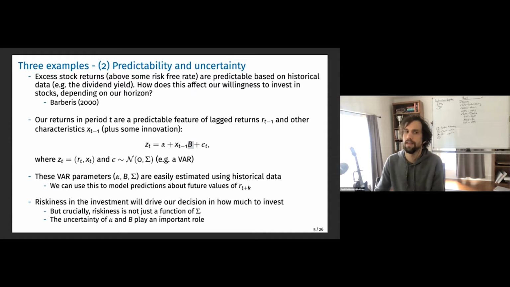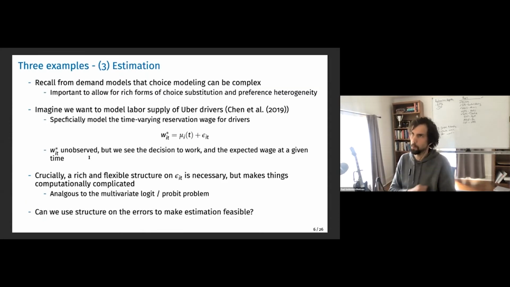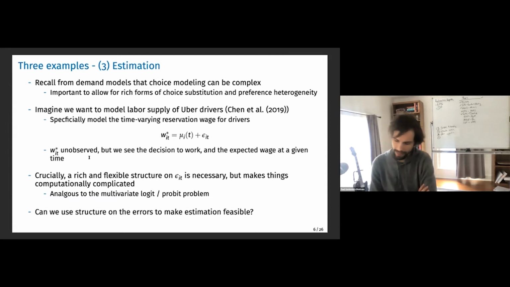Okay. And then example number 3 harkens back to what we were talking about in the multinomial choice problem. Remember that when we were talking about demand systems for choice models, I was going to use a different example, but then Judy convinced me on Twitter to use hers.